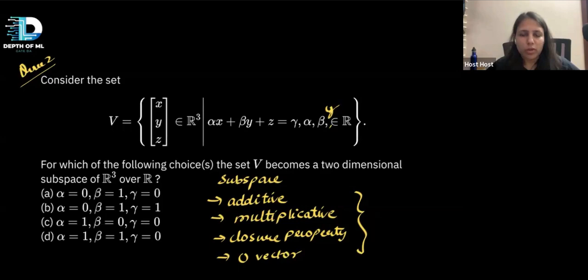I know Rohan, you have already done it. So Varshita, can you give me one of these where we can rule out immediately some option, where it's not passing through the origin?